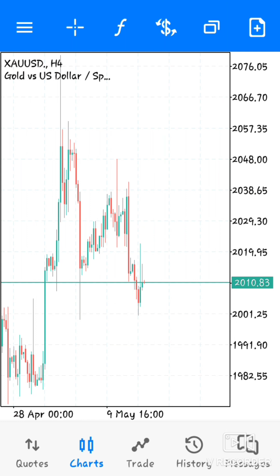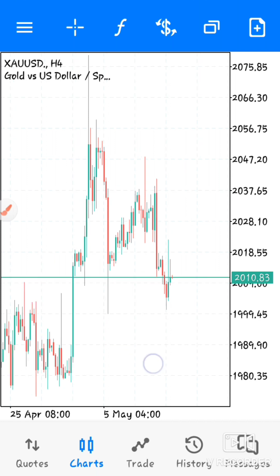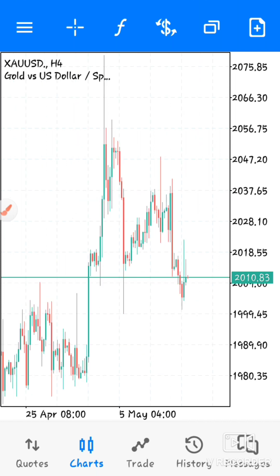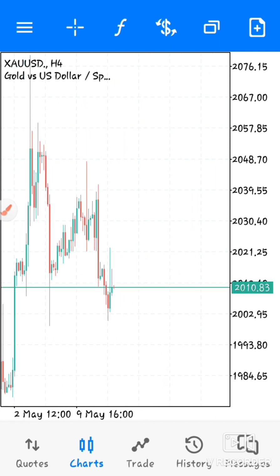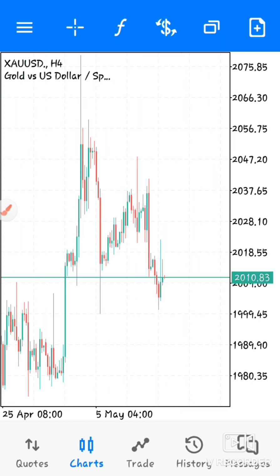Regarding my shadow entry pattern, you need to look out for support and resistance levels in H4 or D1.